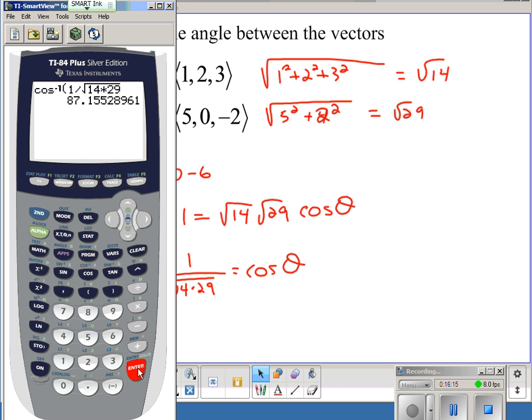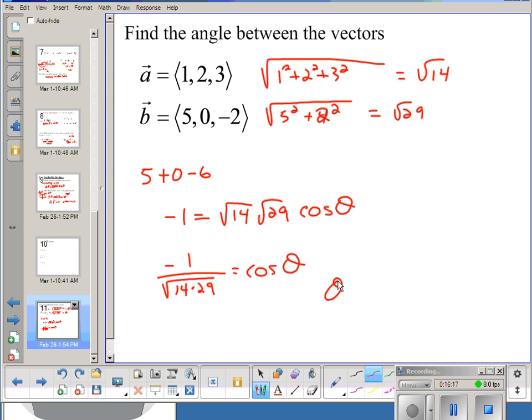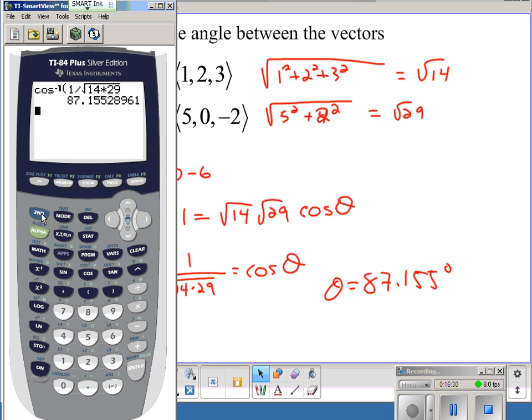And my angle is 87.155. And that is very easily done. And knowing that I had that, oh, I forgot my negative. So I was going to say I had a negative answer.